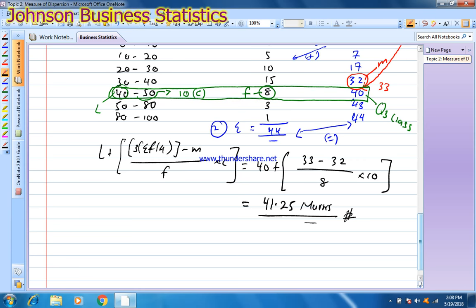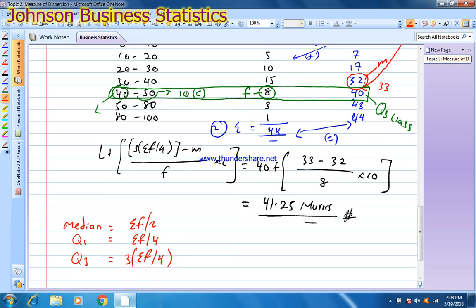So the difference here is for the median. For median, you take total F divide 2. For Q1, you take total F divide 4. For Q3, you take total F divide 4 times 3.